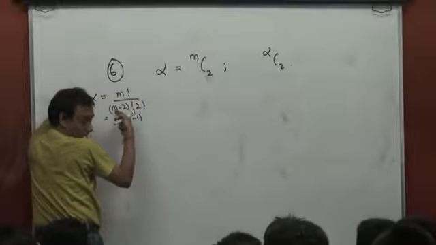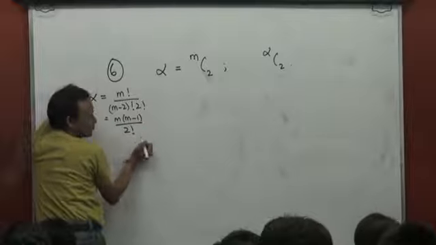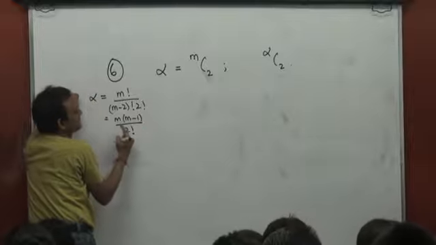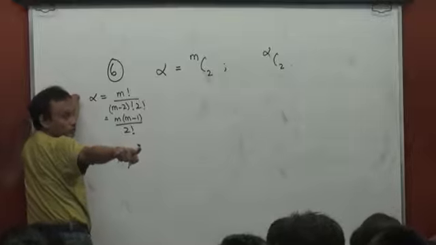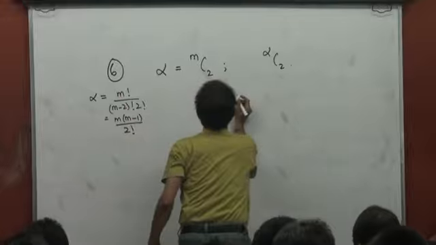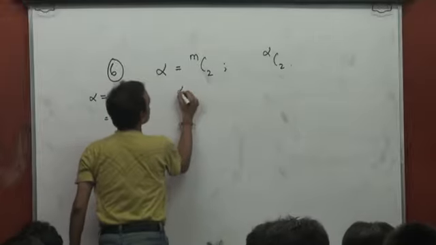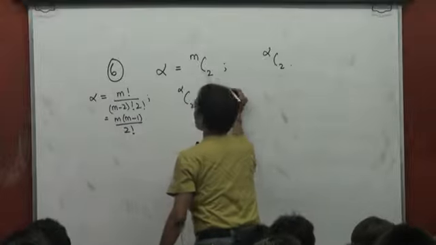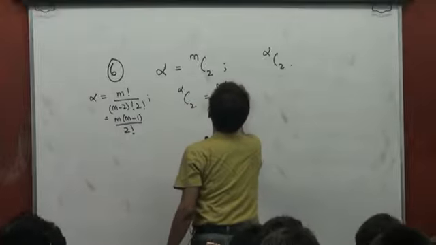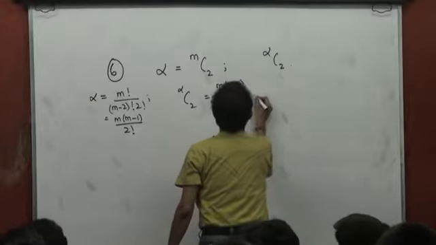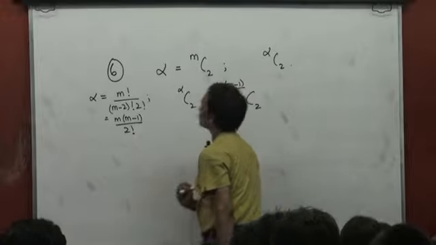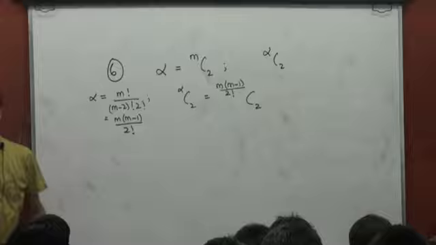The m minus 2 factorial will get cancelled, divided by 2 factorial. So alpha is m into m minus 1 by 2 factorial, yes or no? Now alpha C2 is m into m minus 1 by 2 factorial into C2. No?